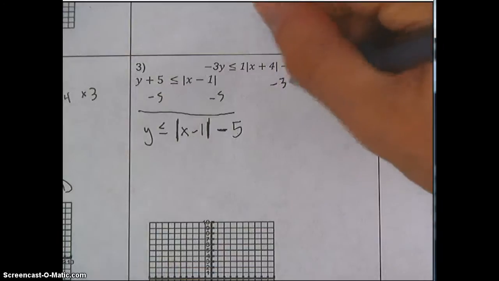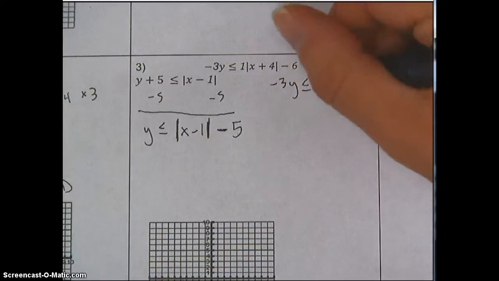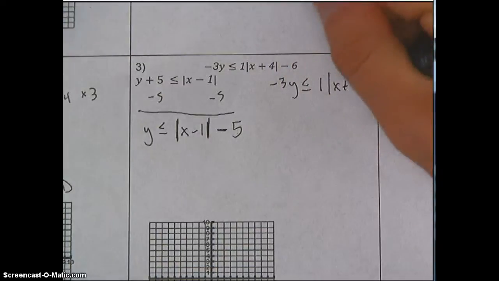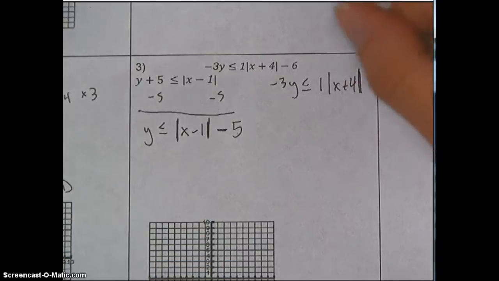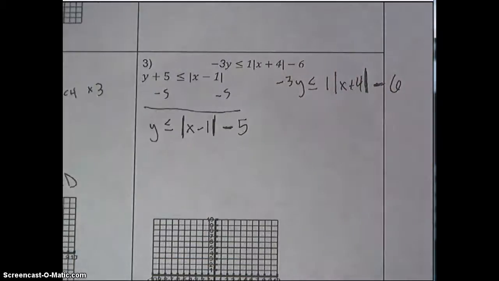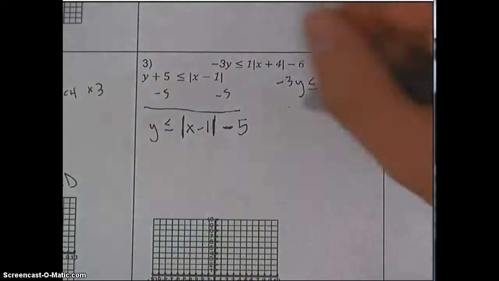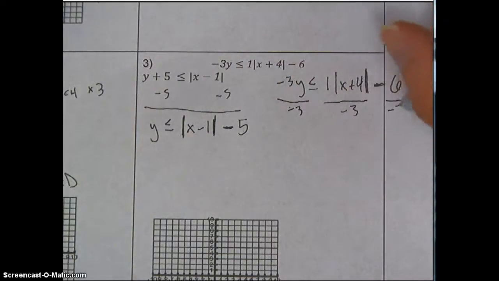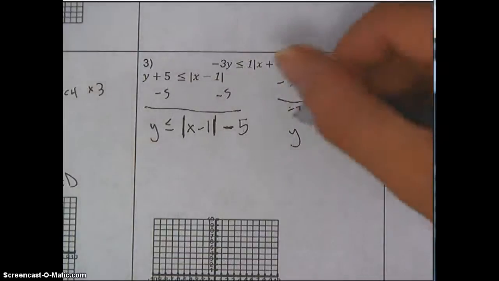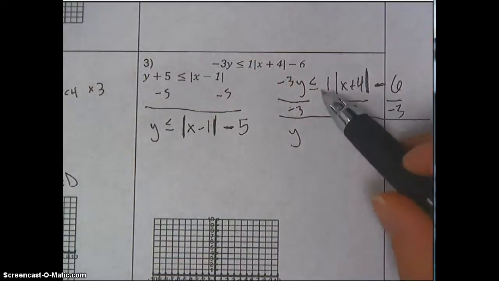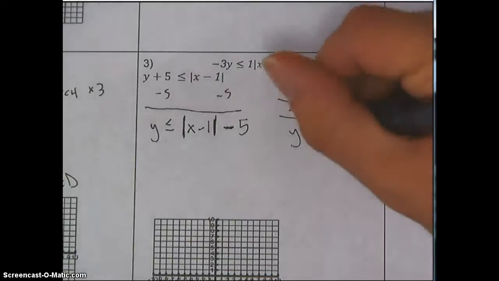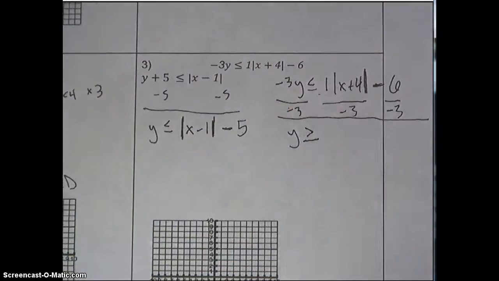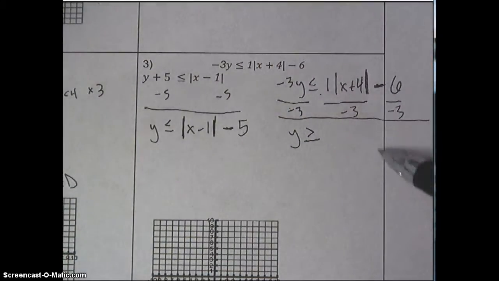Now I've got this negative 3y less than or equal to 1 absolute value of x plus 4 minus 6. So I'm going to want to divide both sides by negative 3. And you want to divide that to every single term inside there. So y, I divided by a negative, so I need to flip the sign here, is now greater than or equal to, and I've got this weird fraction thing going on here.